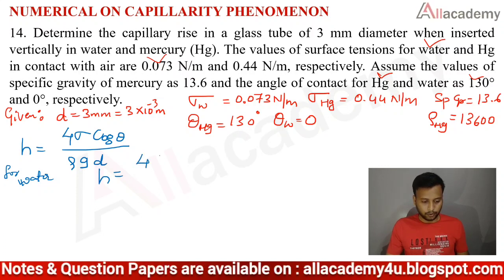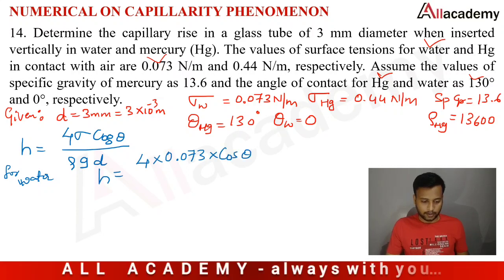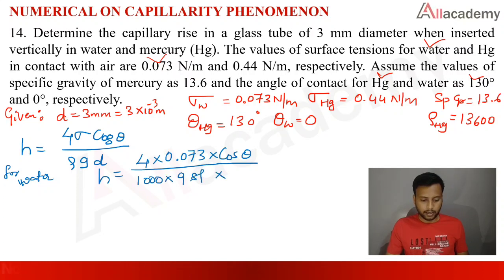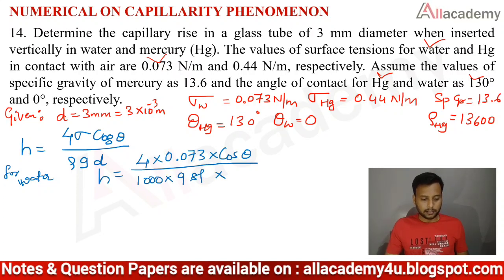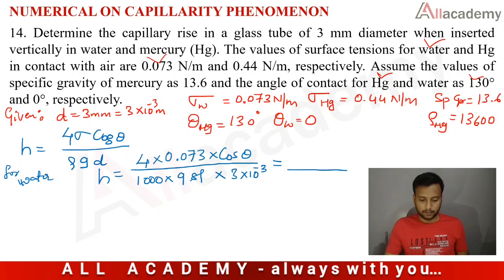So that is 4 into sigma for water, 0.073, and angle of contact cos 0, divided by rho, which is 1000, into g, which is 9.81, into diameter, the same diameter for both the cases. Now what is the answer?